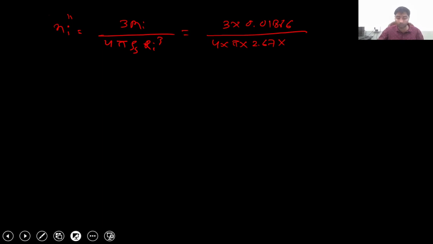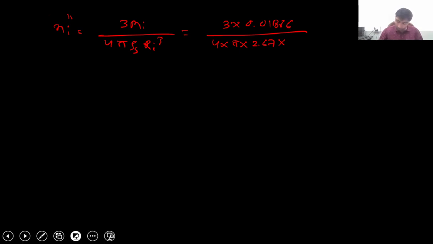Now if we put all the values here, then 3 into the value of Mi, the mass fraction which we have determined, 0.01866, divided by 4 into pi into rho s 2.67 into the value of Ri, which we can determine from the average radius.